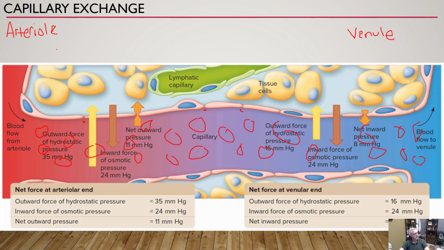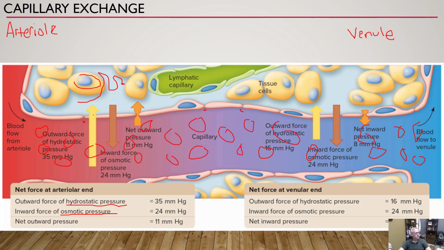So on the arterial end, we have fluid in our plasma, and all of this is extracellular fluid that's in our blood. And then we also have fluid inside of our cells, and fluid that's out here in this space. When we have water-based fluid, we call that hydrostatic pressure. So we have water pressure called hydrostatic pressure, and we have protein pressure. Those are the two pressures we're going to be dealing with.